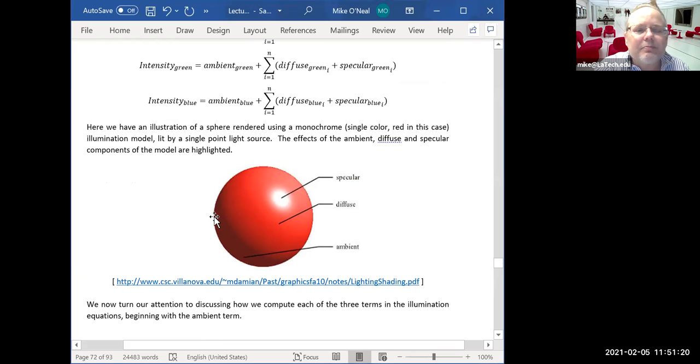This is the backside. None of the point light is hitting back here because this is on the back side of the sphere. But it's not black, it's dark red. Why is it dark red? Because the ambient component is providing that general background lighting. Okay? All right.